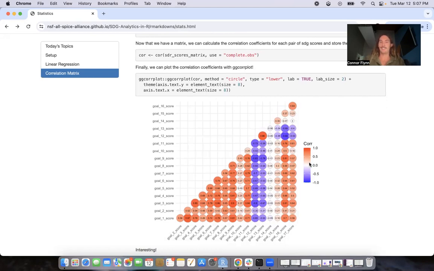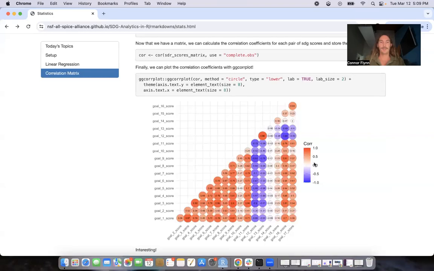And red indicates a positive correlation. And the darker the red, the higher that correlation coefficient is, so the stronger that positive correlation is. As we get to purple, the darker the purple, the closer to -1, or the stronger that negative correlation is. And we see some white, which indicates just no relationship between those two SDG scores.